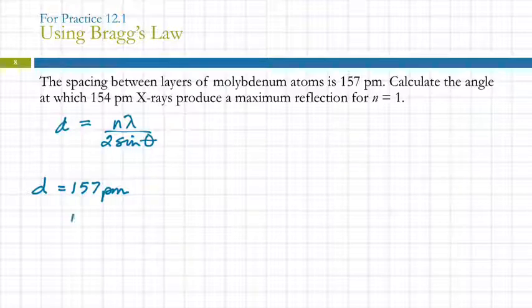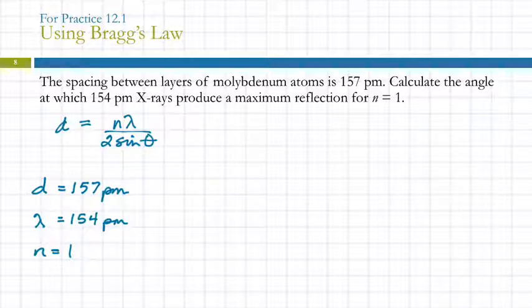What's 154 picometers? Theta is an angle. That's the wavelength of the X-rays. And they tell us that n equals 1. So we're calculating the angle. The angle is theta.